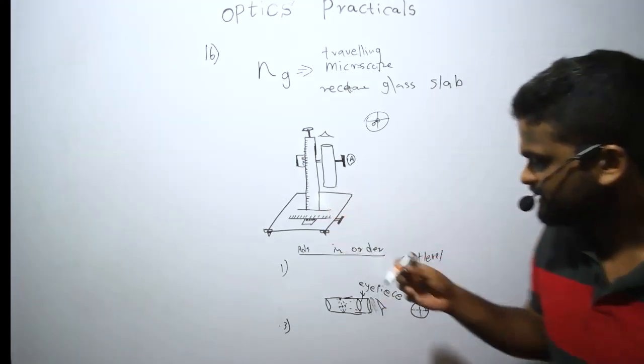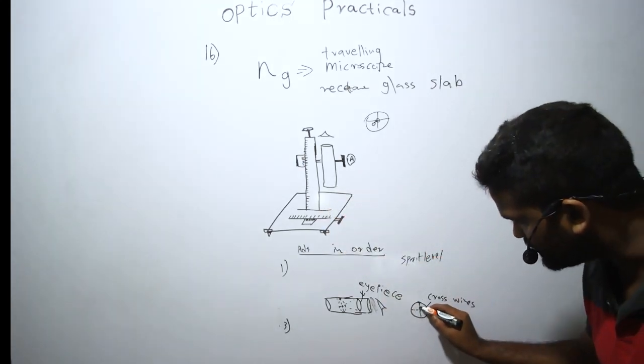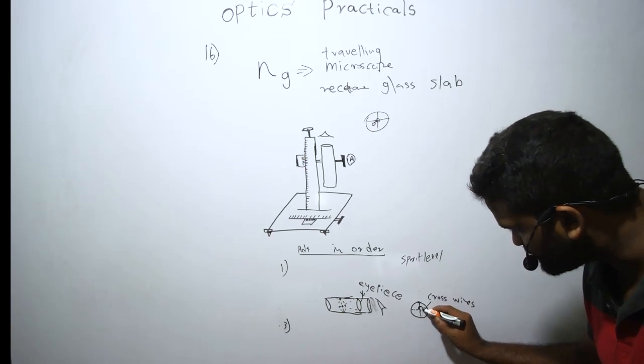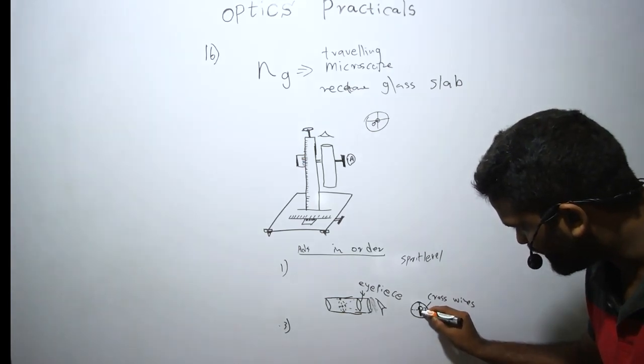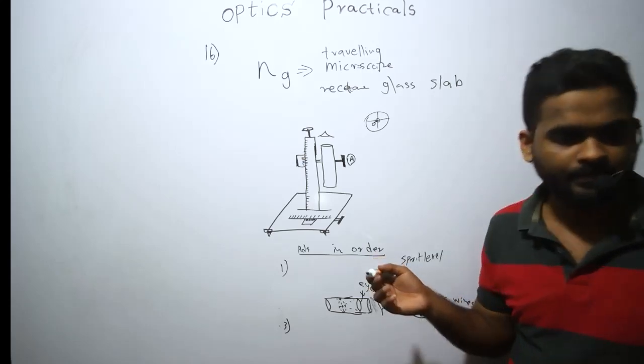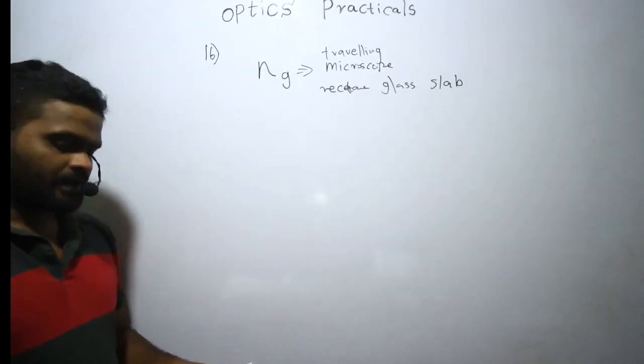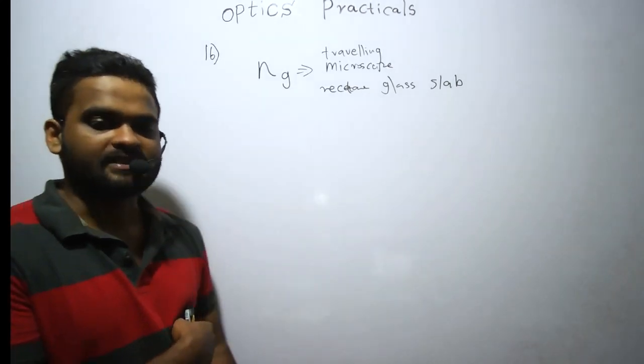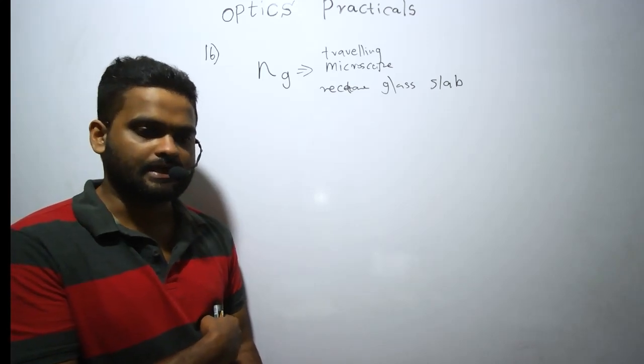Then what you see is an image of the object on the microscope, and it is inverted, right? Right. So now the adjustments are done, right?